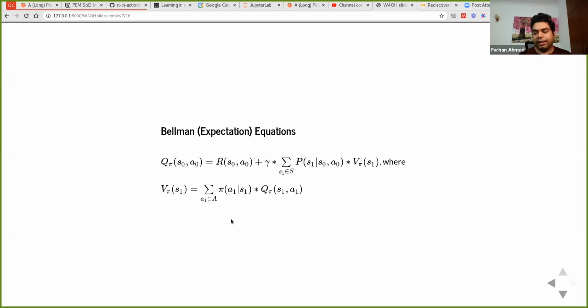They will take different forms depending on the type of the environment, whether it's stochastic or regular, and then also on the policy being used.